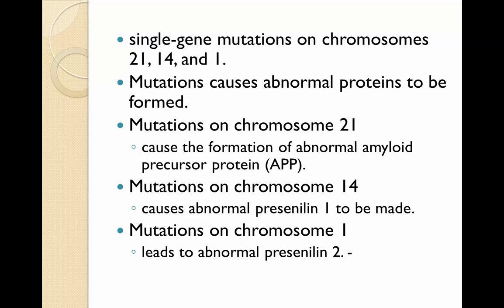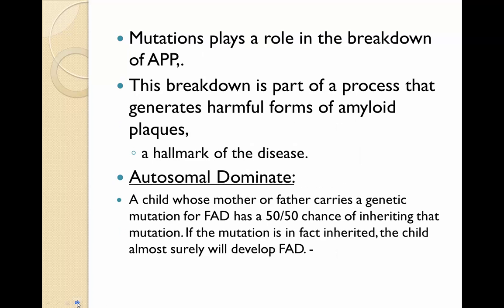If you have the mutation on chromosome 21, 14, or 1, you can see what abnormal protein is developed in your brain. And these mutations play a role in the breakdown of APP. This breakdown is part of the process that generates those harmful plaques that are the hallmark of the disease.